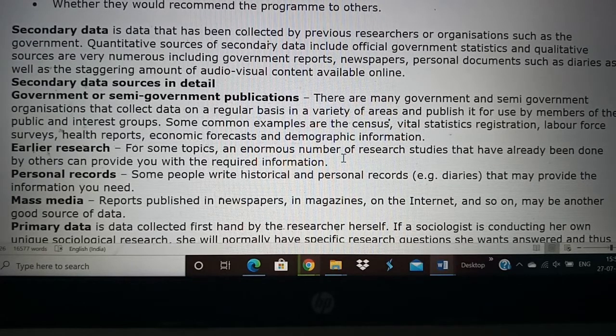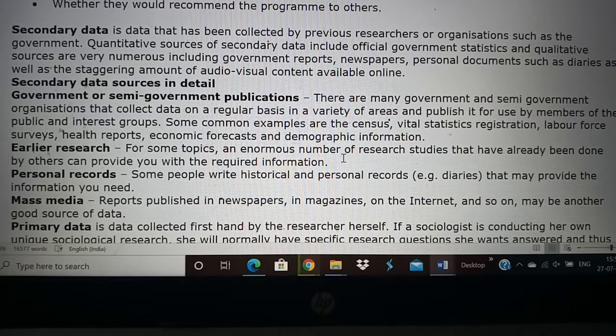Suppose you go to a leprosy hospital like Karigiri and you want information about the number of patients admitted with ulcers in their foot. Then you don't need to go and sit in the ward and find out every day how many people are coming. It is already available in the registers of the hospital, in the medical records department. So this is secondary data.